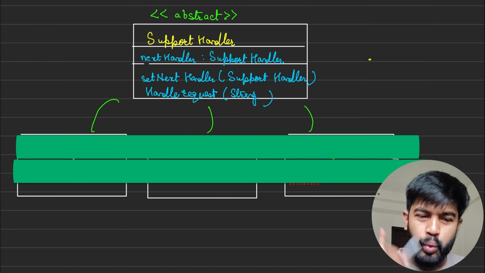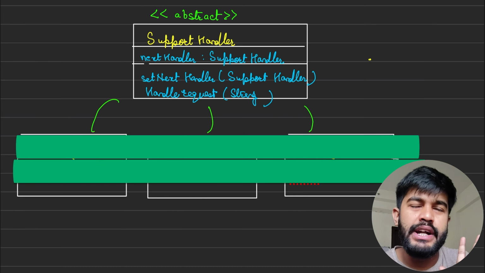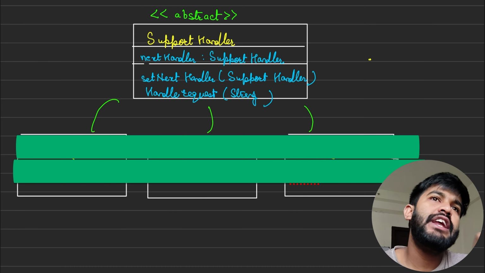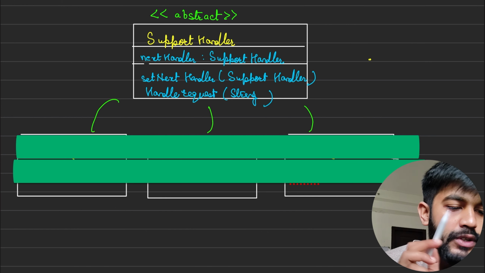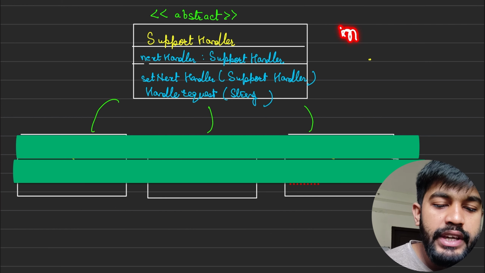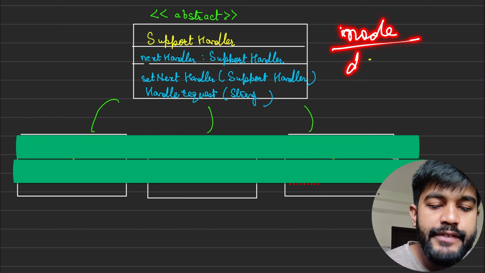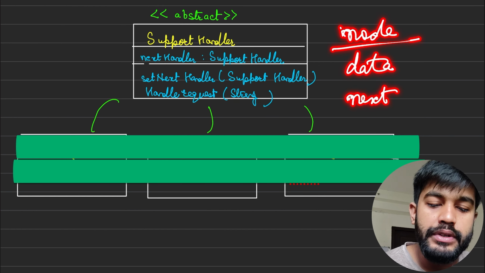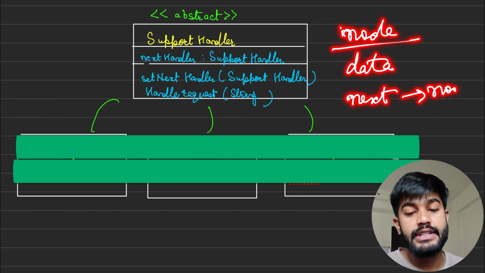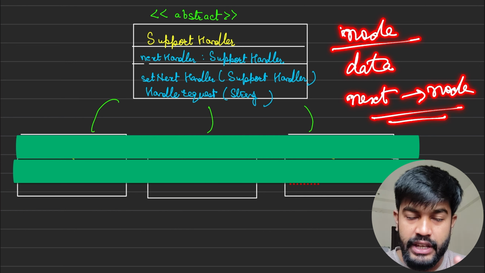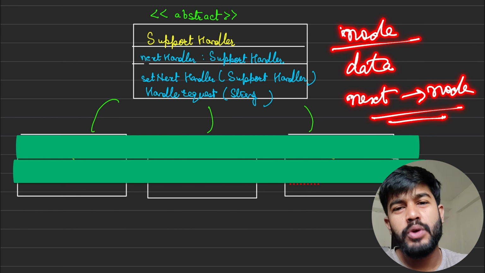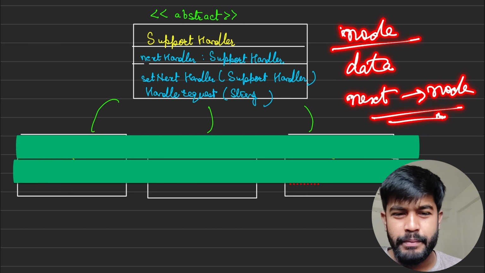So see, one thing which is very simple to understand is what we did while we were implementing a linked list. We declared something like a node, and then we had data, and then we had the next node, which is the node itself. I'm just trying to link up things so that you would be able to retain this for a longer period of time.